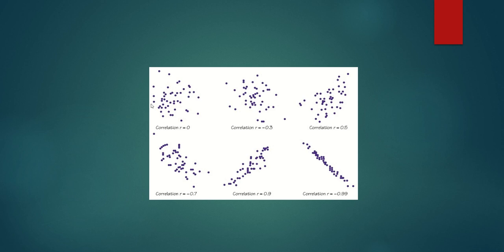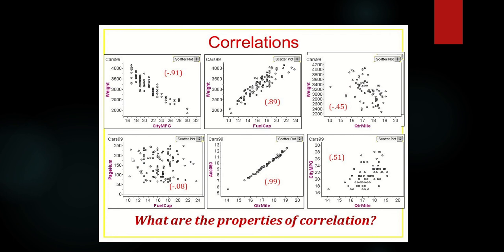Again, this is 0. This is nearly 0. You can see that's minus 0.3, and this goes upwards 0.5. It tends to go upwards, tends to go downwards, tends to go upwards, and almost perfect, but negative because it goes downwards. Some more: city MPG and weight.